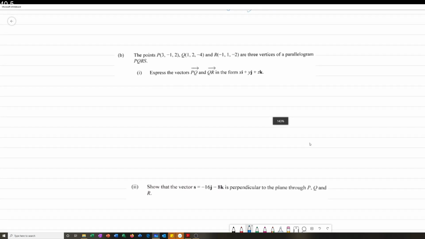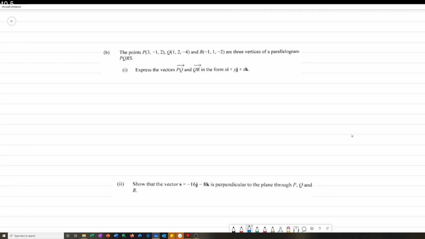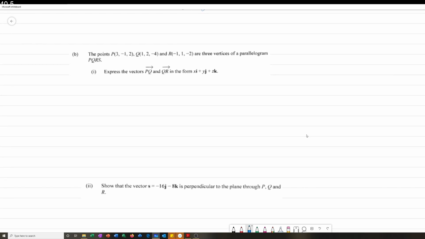All right, let's move on. So we're moving now on to vectors. So the question goes, we have points P, Q, and R, and there are 3 vectors in a parallelogram PQRS. And we need to express vectors PQ in this particular form. Again, let us draw something, and probably it'll be better to visualize by drawing.